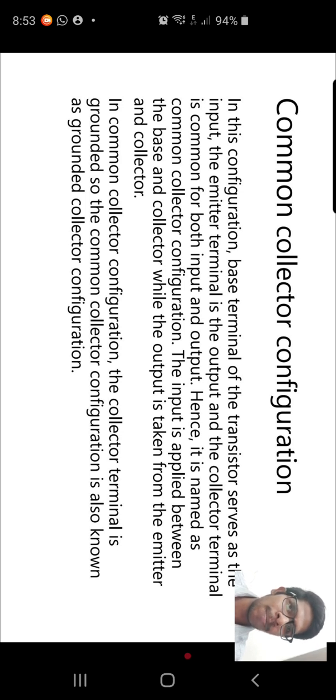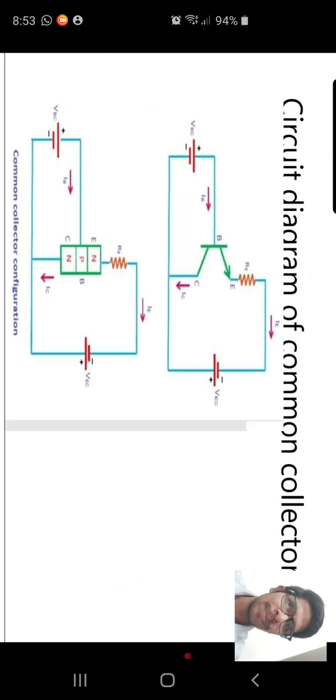The input is applied between base and collector, while output is taken from emitter and collector. In common collector configuration, the collector terminal is grounded, so it is also known as grounded collector configuration.